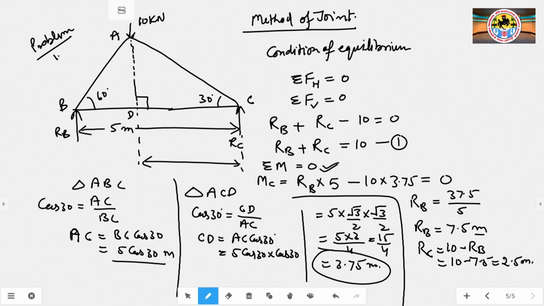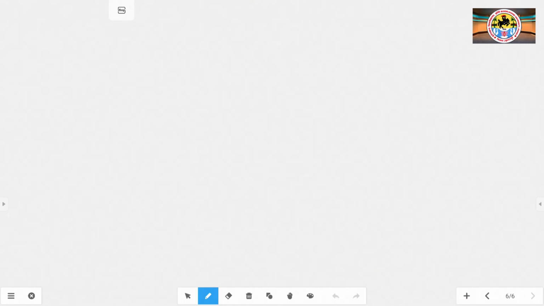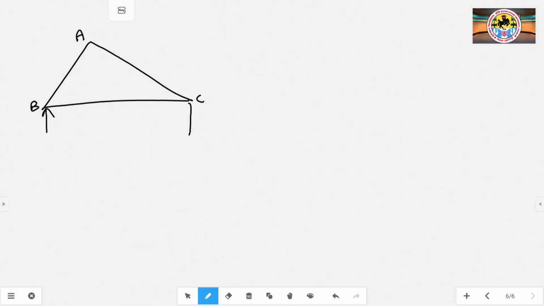As we have found the value of RB and RC, see over here, BCA, here it is RB and this is RC. RB is 7.5, RC equals 2.5.